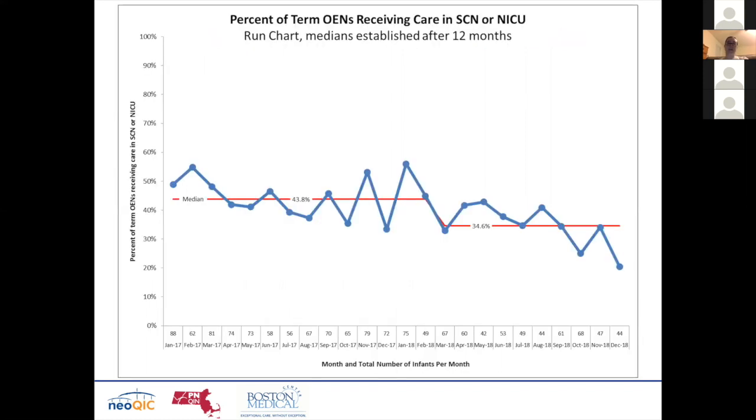And so these are some of the results from our state collaborative. And so not just the folks that have implemented ESC, but the whole collaborative of all of our 37 hospitals. Through this collaborative and the education provided, we were able to get about a 10% drop in the number of infants that are cared for within the NICU, which is great.